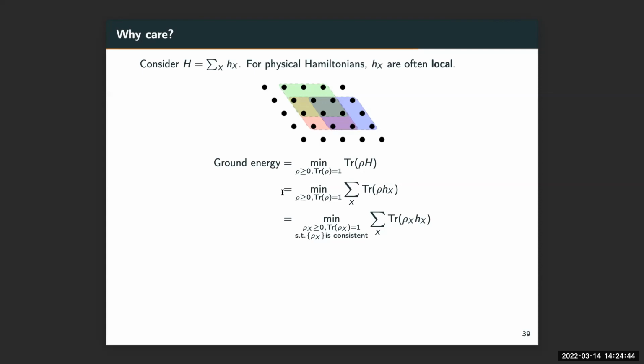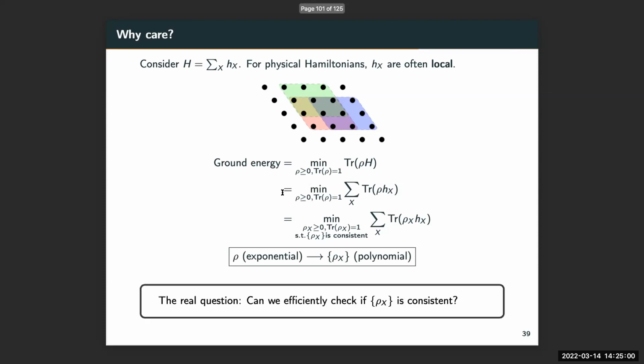So if you can somehow solve this minimization problem with respect to the constraint that these marginals are consistent with some global state, then it looks like maybe you can reduce this exponential cost down to a polynomial cost in the system size. But of course, that doesn't quite work, because if it was that simple, somebody would have done it and we wouldn't have to invent these nice tensor networks.